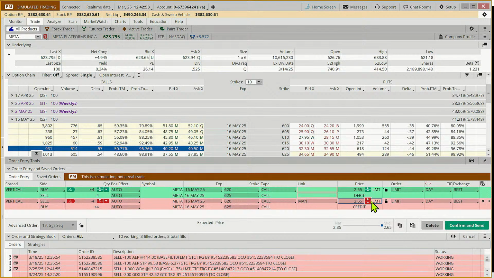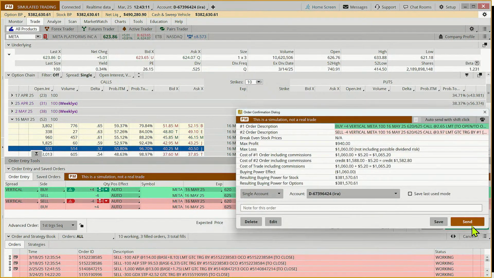So we're going to take our 265 times 1.5, that's 397. And if we're down 50%, then we'll go in and manually exit. So that's 397, and we're going to make that good till canceled. And then fire in the hole.